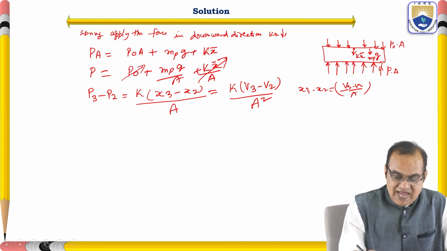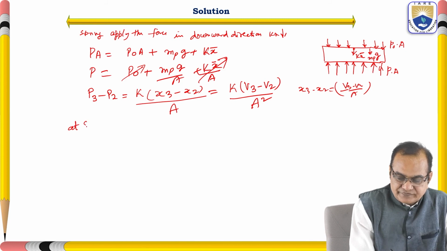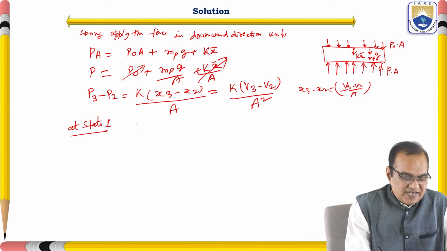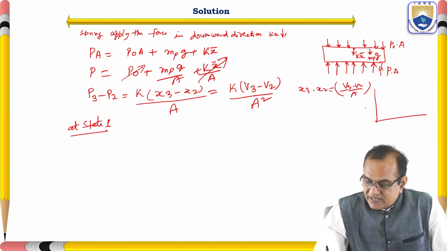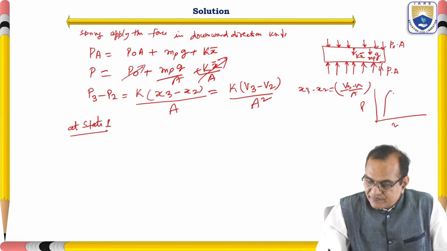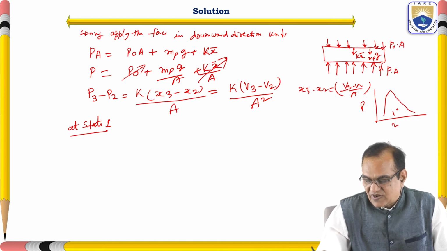So now at state 1, what is the condition? If you see here the PV diagram, state 1 is somewhere here. This is the state 1. So it is not here or here.